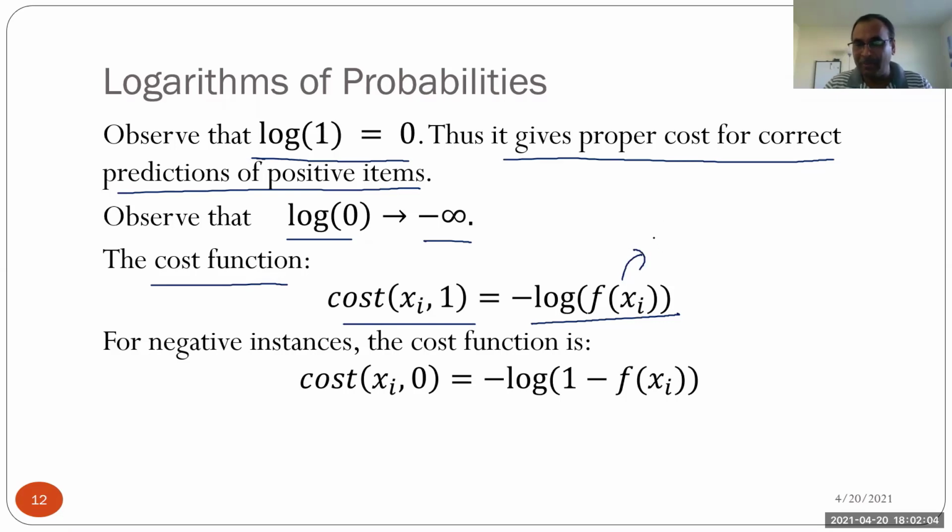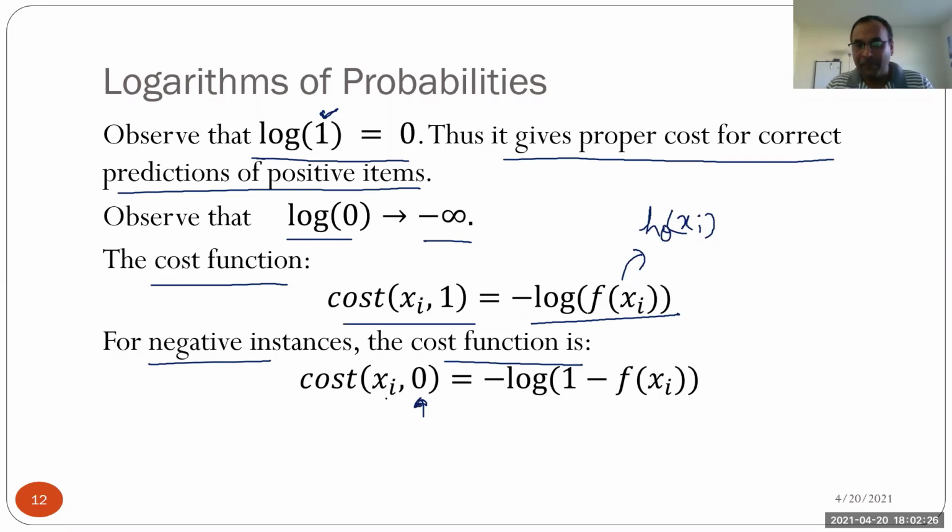Again, too many terms we are using. S theta xi, you can use S theta as well. So this is minus log of whatever prediction you're doing when the reality is that it is the label 1. For negative instance, we have 0 here.